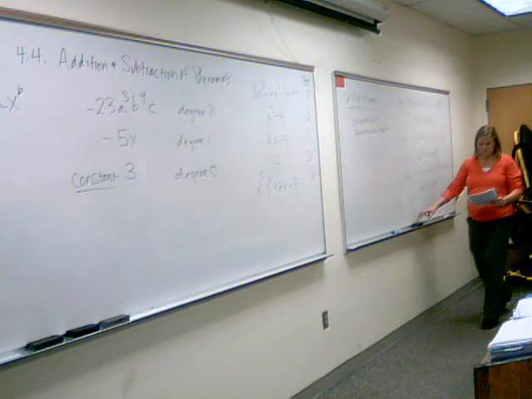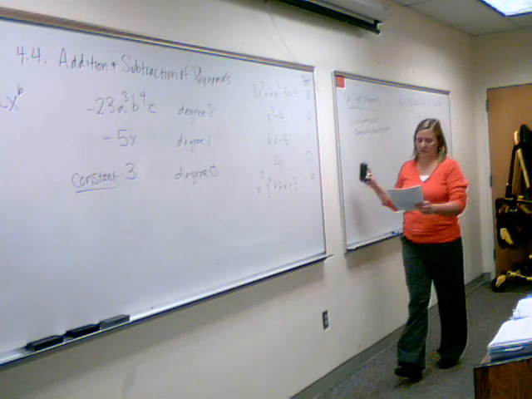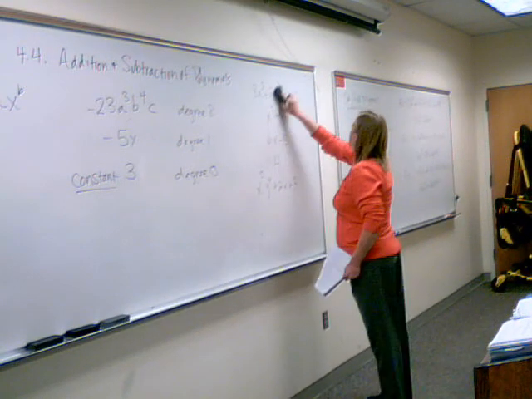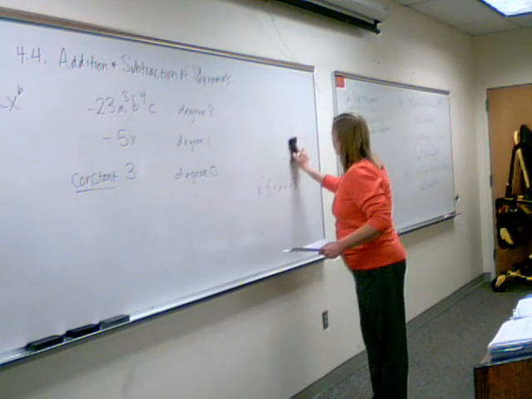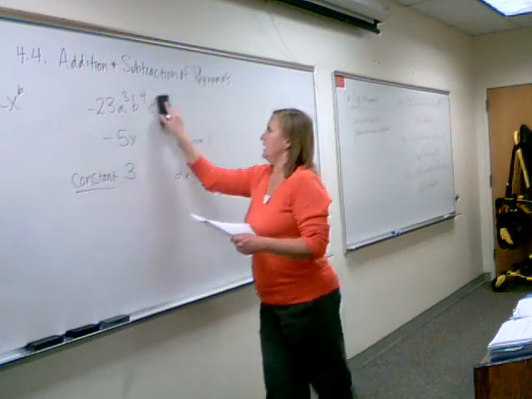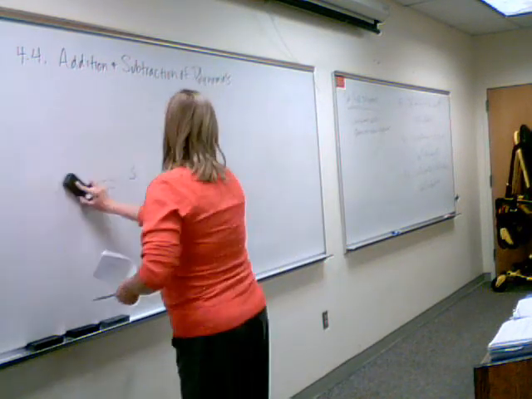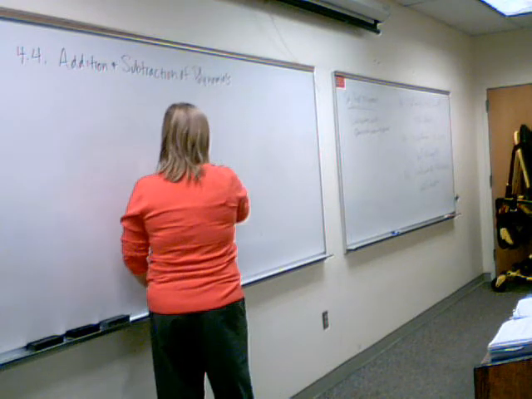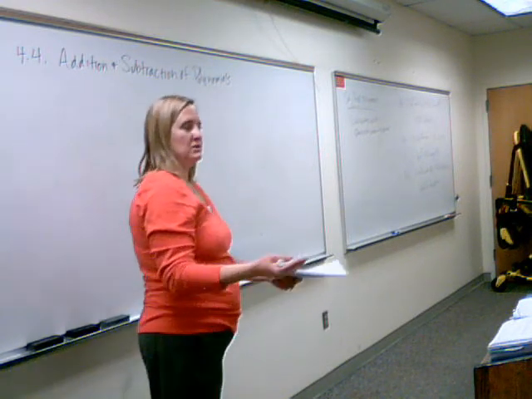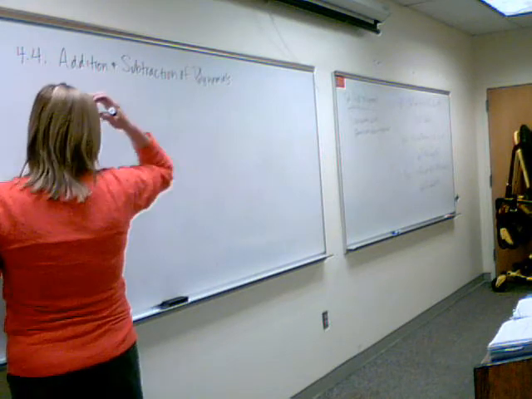Usually we do this horizontally, but you can write it vertically in columns if it helps you. There are some problems in your book, and I assume in math lab, that might make you do it that way. So I at least want you to see what it looks like.